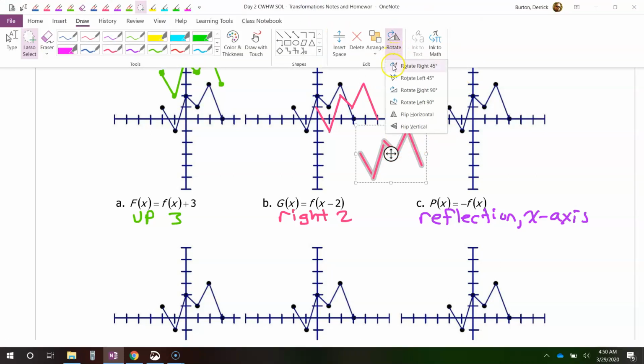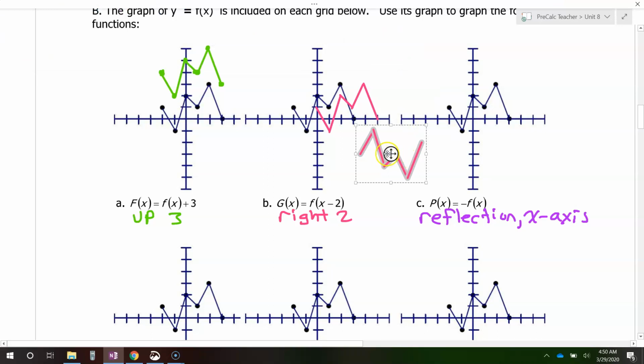Let's see. Flip vertically. All right, that seems to have turned the whole thing upside down, which is what I wanted. Okay, so this should be like this. A reflection over the x-axis.